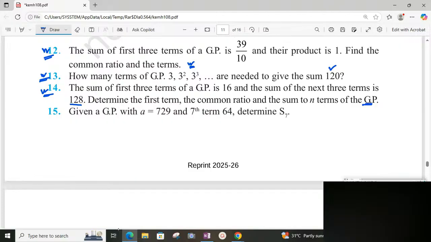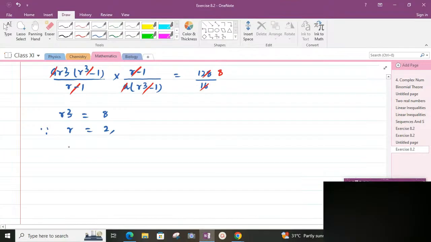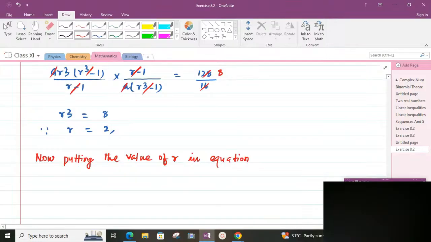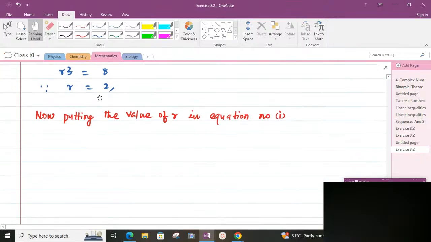So now putting the value of R in equation number 1. Shall we recall equation number 1 here?